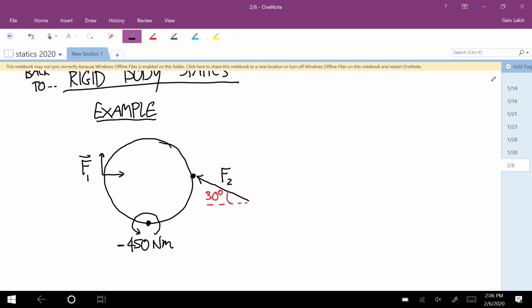And with the negative, that makes it flip the other direction. Counterclockwise is positive, and the negative on the number says that it actually goes the other way. So as a moment vector, that is 0, 0, negative 450.